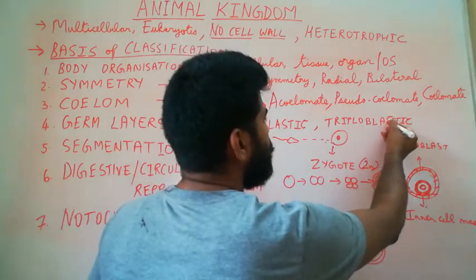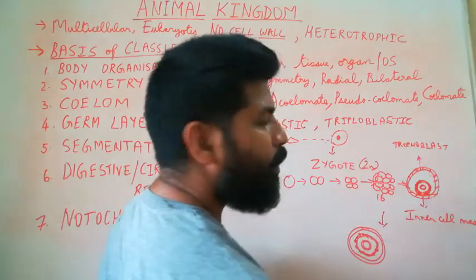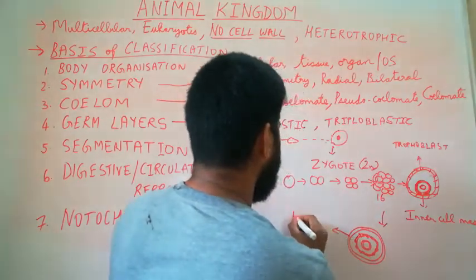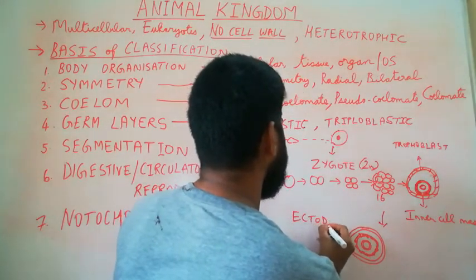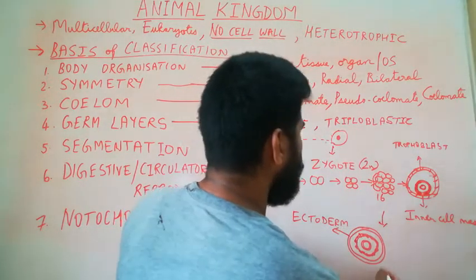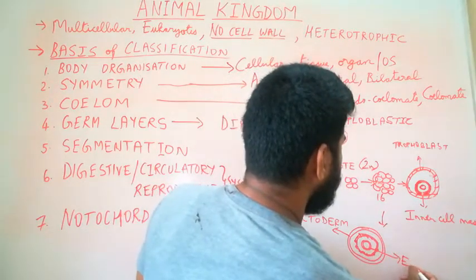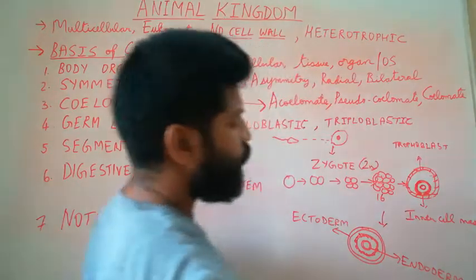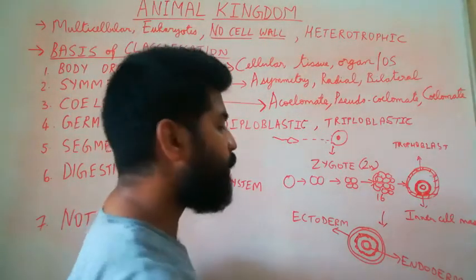So what are these layers? In the diploblastic animals, the outer layer is called ectoderm and the inner layer is called endoderm. Only two layers: diploblastic animals.